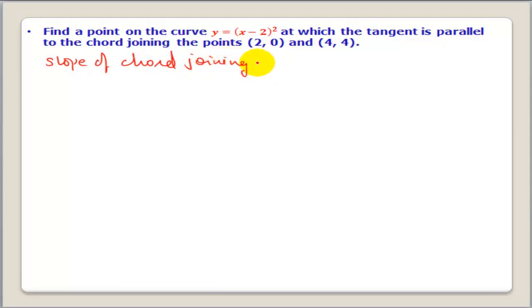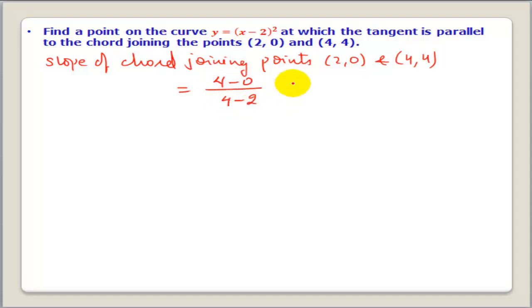What are the given points? 2 comma 0 and 4 comma 4. We know if the coordinates of 2 points are given to us, their slope can be evaluated by subtracting the y coordinates divided by the difference of the x coordinates. So this reduces to 4 by 2, which is 2 only.